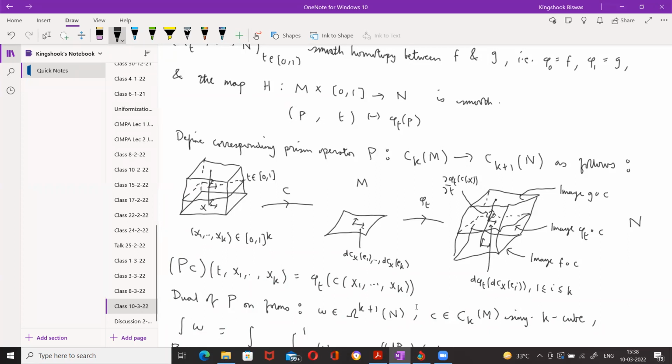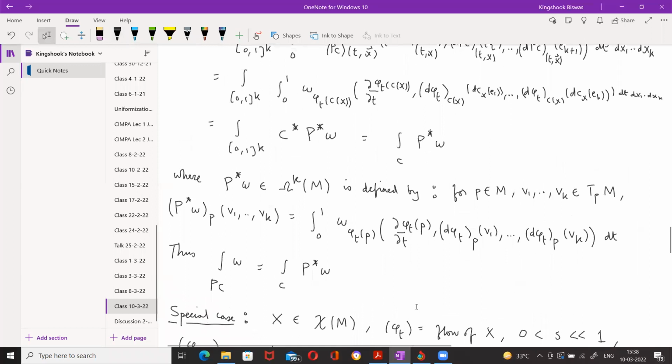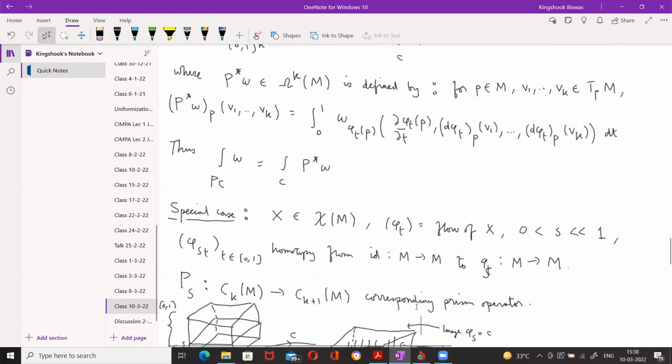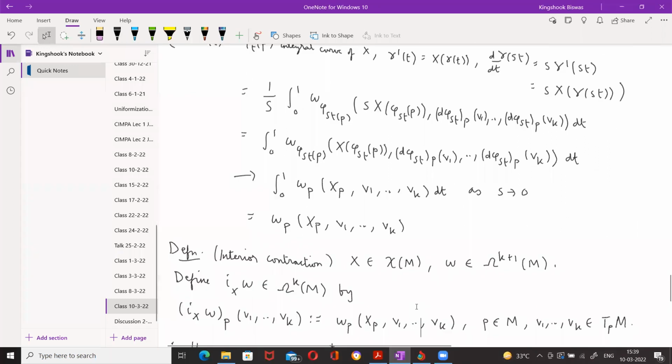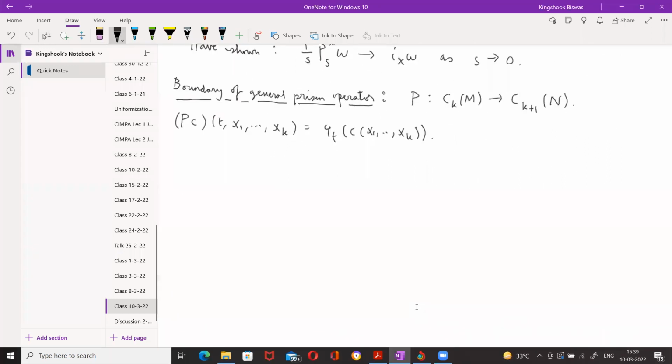Okay, so let's do this calculation. It's a simple calculation. Let's do it quickly. So we have the (i, alpha) faces, right? So we have 1 less than or equal to i less than or equal to k plus 1, and alpha belongs to {0, 1}.